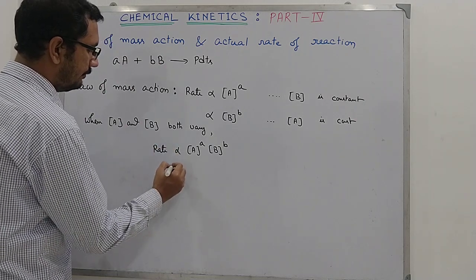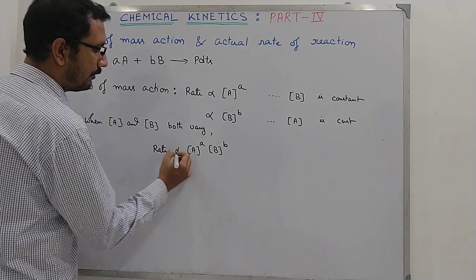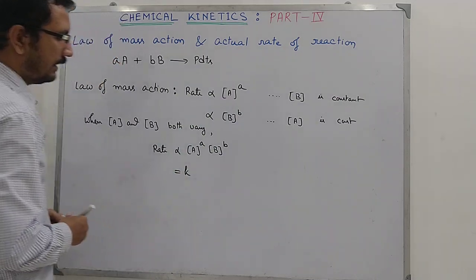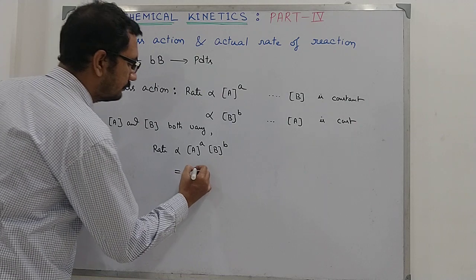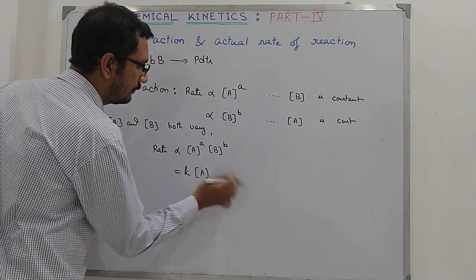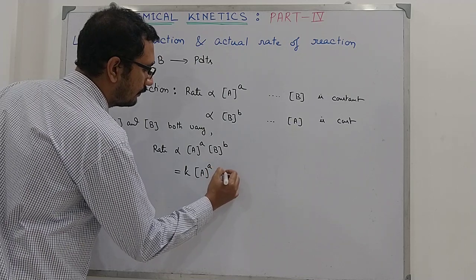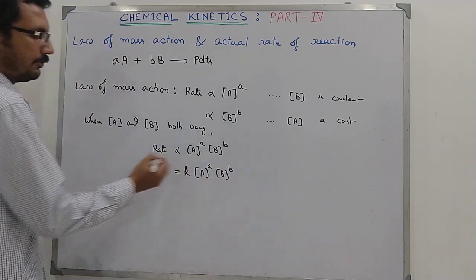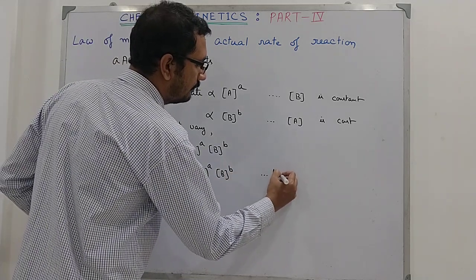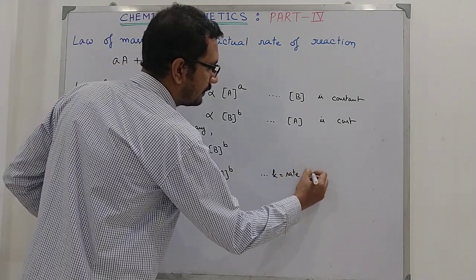Now when we replace the proportionality by equal to, we will have a proportionality constant here. This proportionality constant is termed the rate constant.